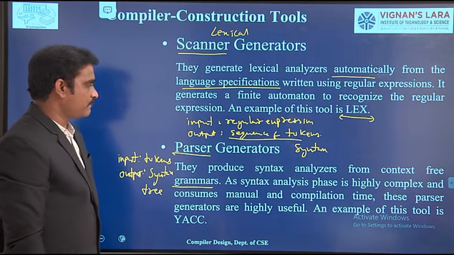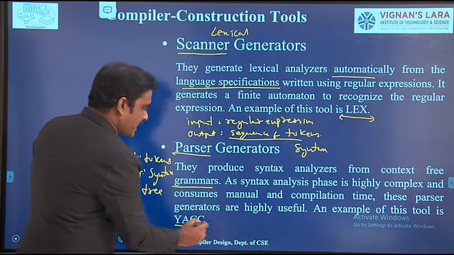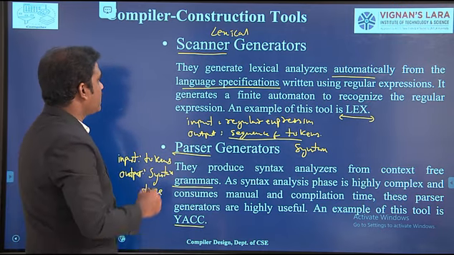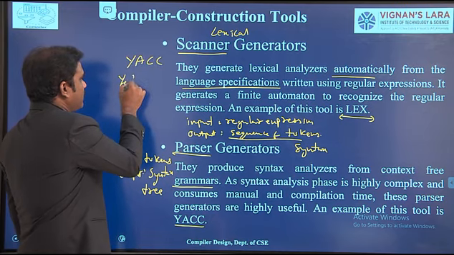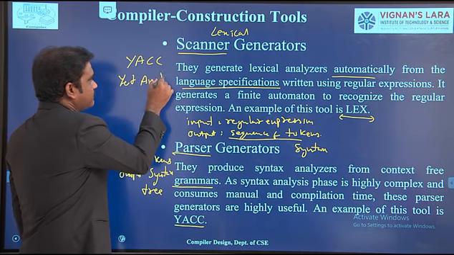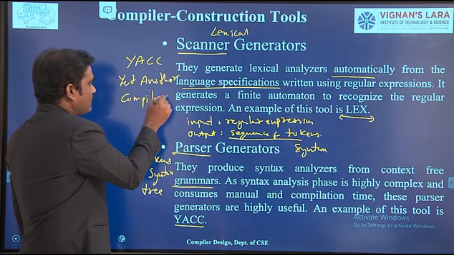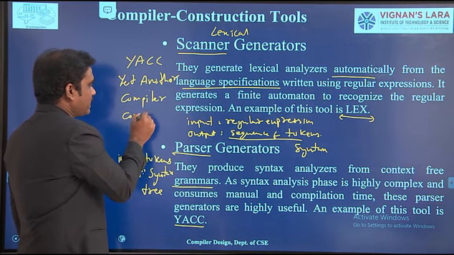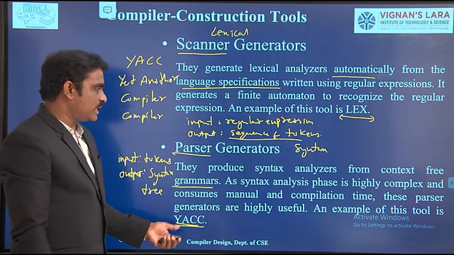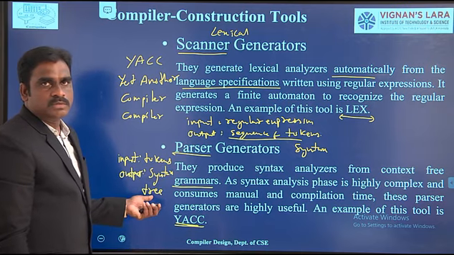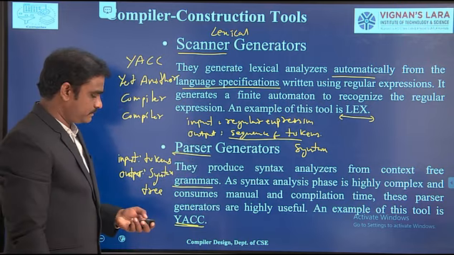Here we are using Yacc. Yacc means yet another compiler compiler. The purpose of this tool is to convert tokens into a syntax tree. So this is the second tool.